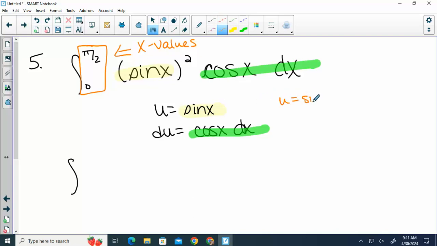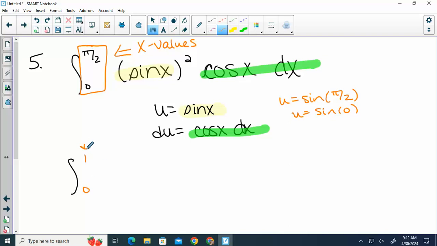U is sine of x. So if I said the sine of pi over 2, what does that give me? It's 1. It's the square root of the top over 2. Radical 4 over 2 is 1. If you do 0, the square root of 0 over 2 is 0.